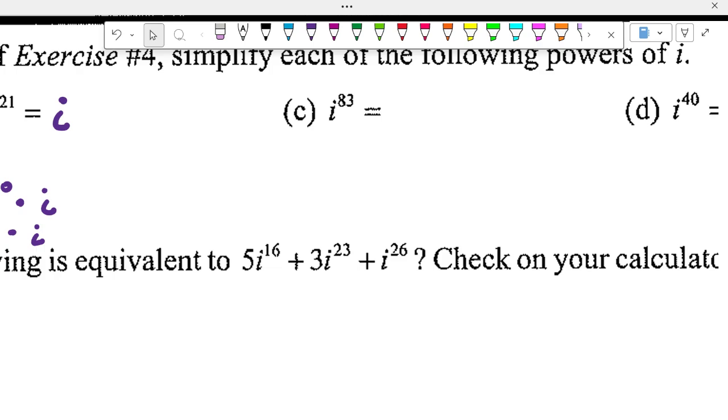I'll give you guys a hint. If you divide 83 by 4, the number that's before the decimal is actually the number that you're going to use.